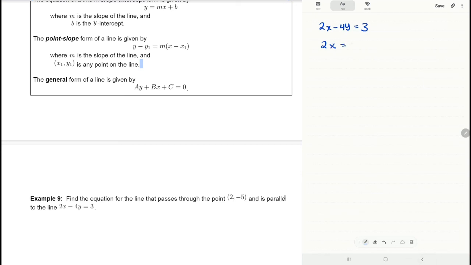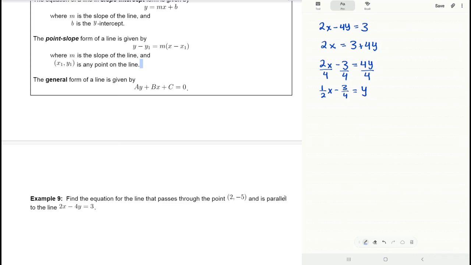This gives us 2x equals 3 plus 4y. Then we'll subtract 3 from both sides. This will give us 2x minus 3 equals 4y. And the last step is to divide by 4 on both sides. So this gives us, after simplifying, 1/2 x minus 3 over 4 equals y.